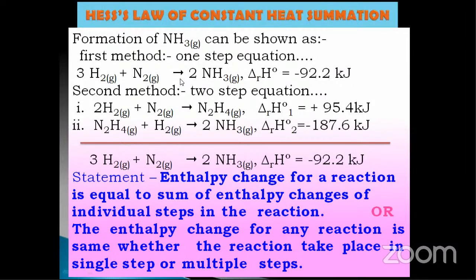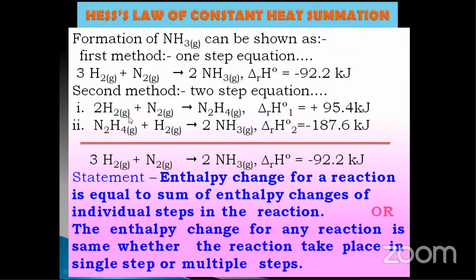आता हीच रिएक्शन आपण वेगळ्या प्रकारेही कॅरी आउट करू शकतो. मीन्स फॉर्मेशन ऑफ अमोनिया कॅन बी डन इन 2 स्टेप्स. इन फर्स्ट स्टेप हायड्रोजन रिएक्ट्स विथ नायट्रोजन टू गिव्ह this N2H4 and the enthalpy change for this reaction is 95.4 kilojoule.